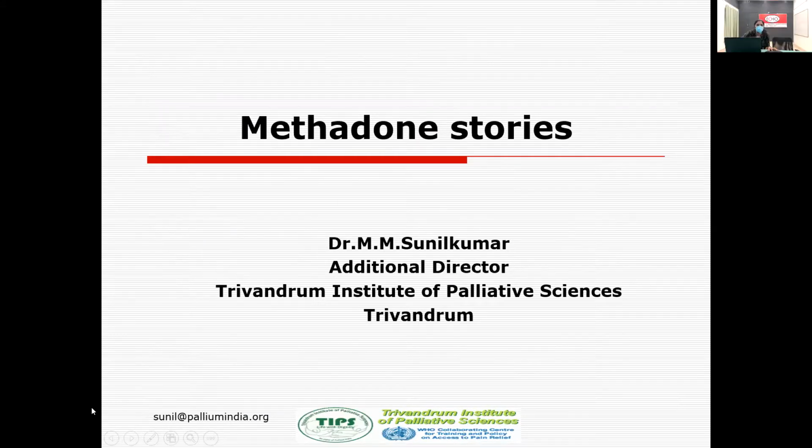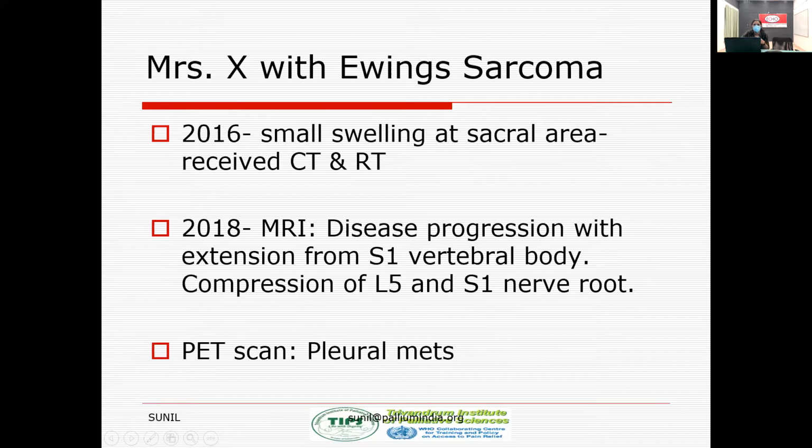Yes, sir. Okay. So this is one of the early patients when we had methadone with us in 2018. This patient was a young lady who had Ewing sarcoma. In 2016, she had a small swelling at the sacral area, diagnosed as Ewing sarcoma, and she received chemotherapy and radiotherapy.